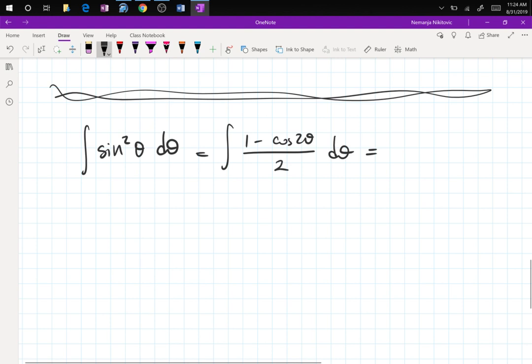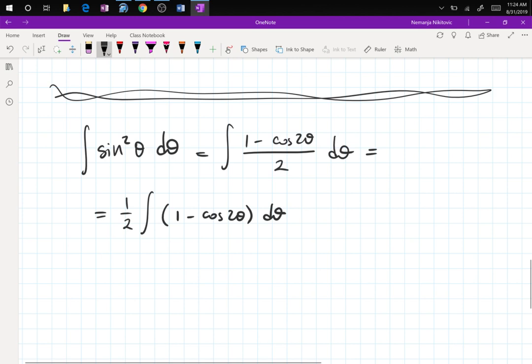Limits, derivatives, and integrals kick constants that multiply a function in front of whatever operator you have. So we can kick 1/2 in front, and now we have to use parentheses for the rest.